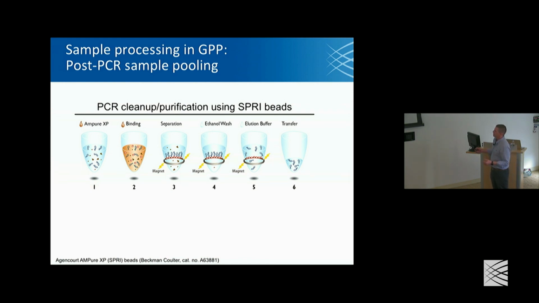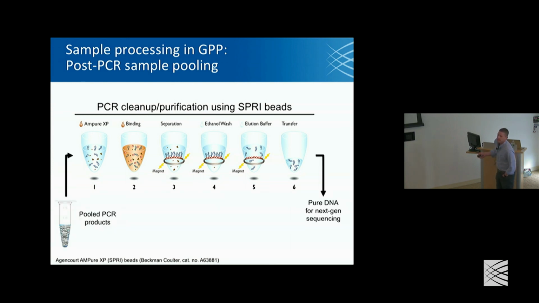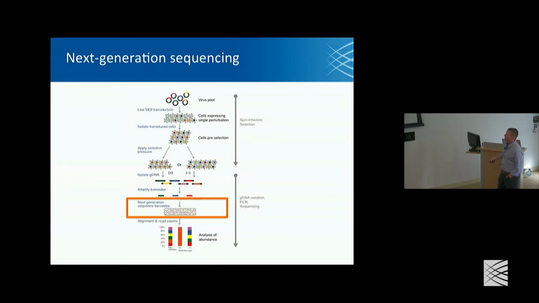You do some washing, ethanol washes, and then you can elute the DNA off in concentrated water or TE. So we're going to take your pool of PCR products, go through this process, and end up with pure DNA that we can use for next-gen sequencing. Any questions?